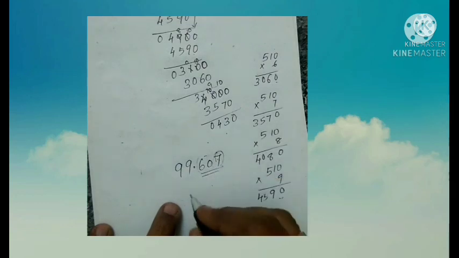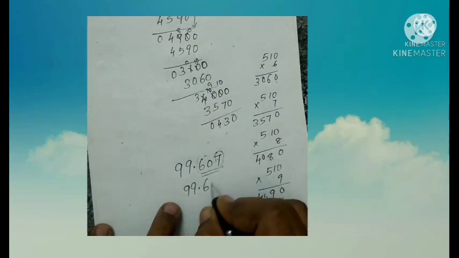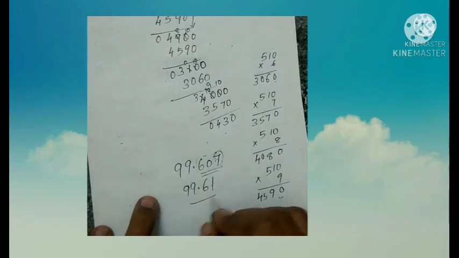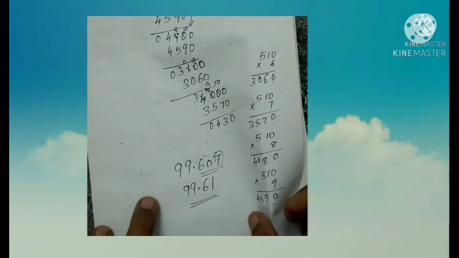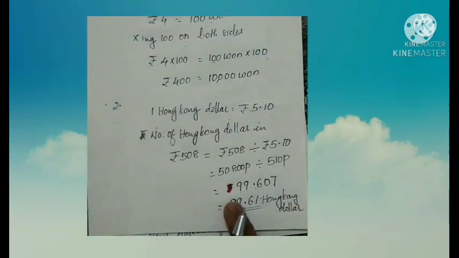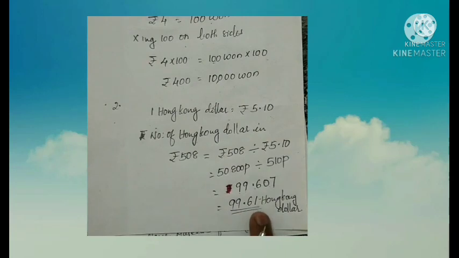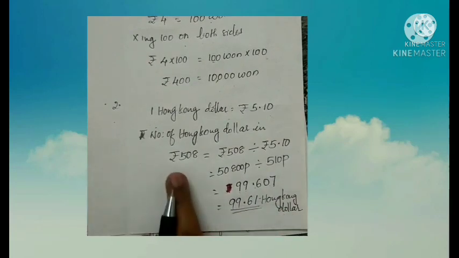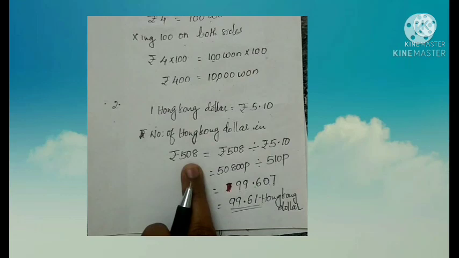So this number is rounded up to 99.61. This is the answer: 99.61 Hong Kong dollars in rupees for 508.